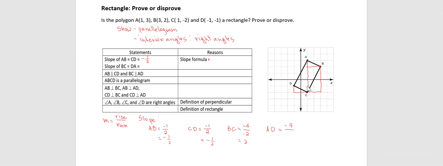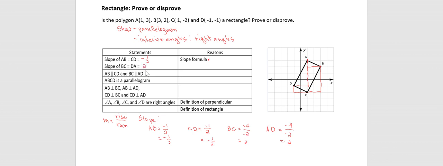Then towards D, 1, 2 units left, -2. -4 divided by -2 is equal to +2. So the slope of line segment AD is +2. Now you can see that the slope of line segment BC and line segment AD are both equal to +2.